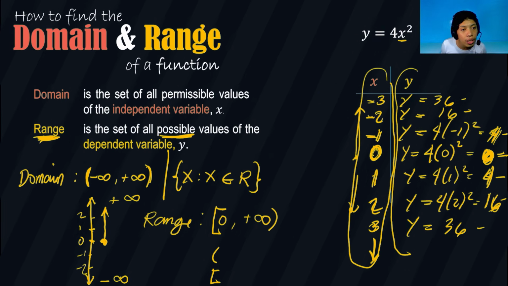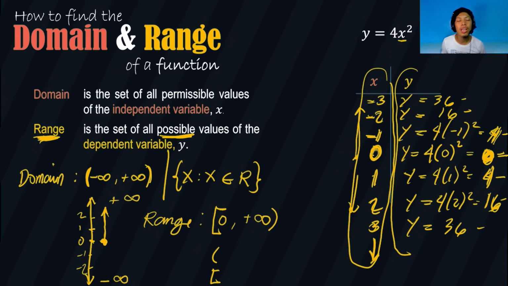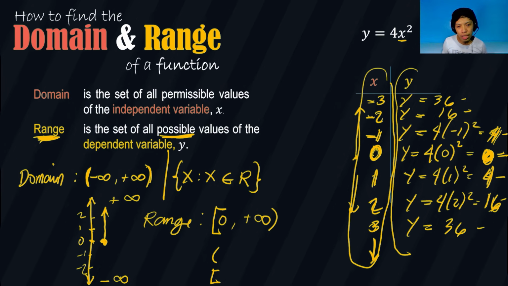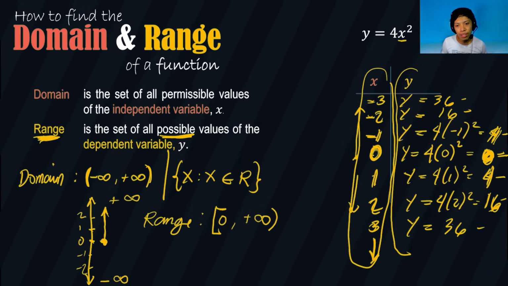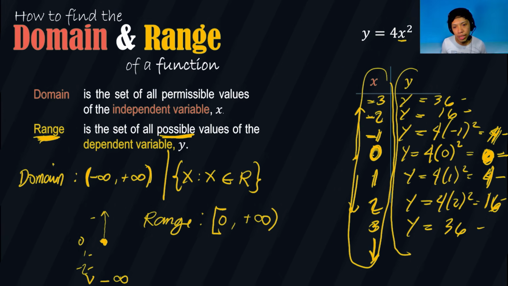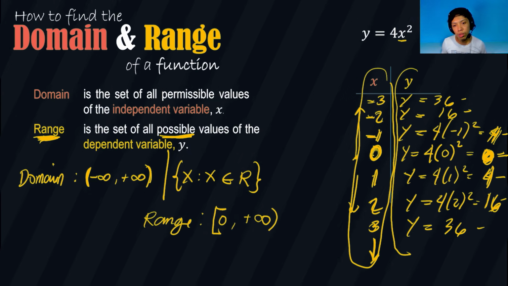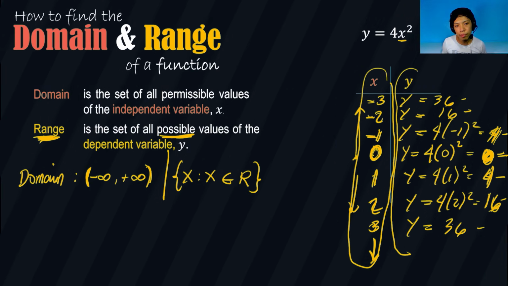Okay, right here, 0, because 0 is included in the range of our equation. That's why we use the bracket. Okay? So this is the range.